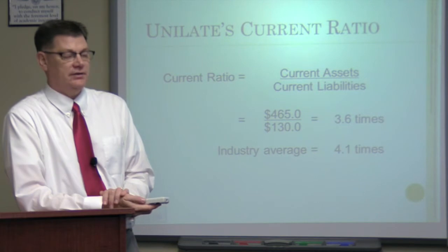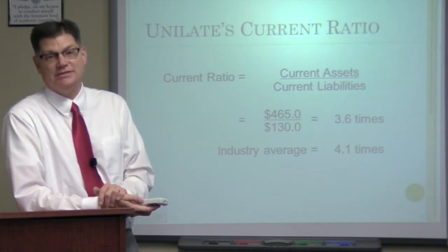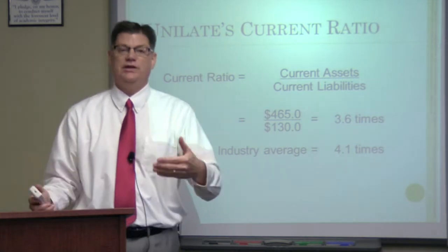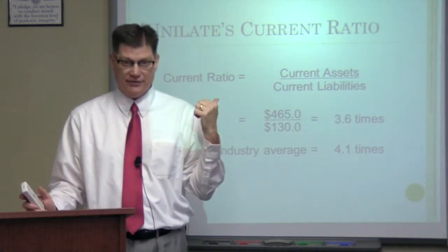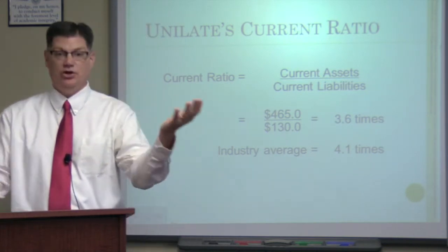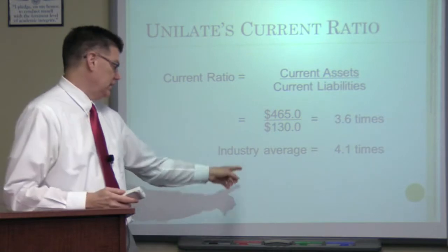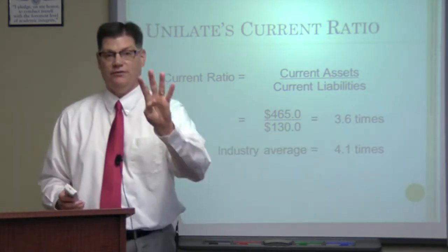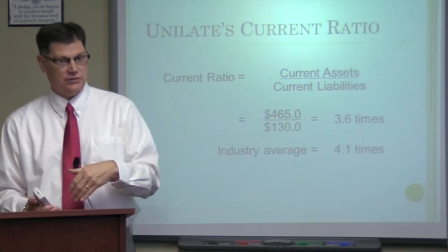The question would come, is this good or bad? Well, it depends, because if you had almost 3.5 times the current assets to pay your debt, you'd say that's good. There's nothing wrong with that. Where it becomes a negative is if everybody else in your industry can do it 4 times. So even though you're good, you're not as good as the industry.